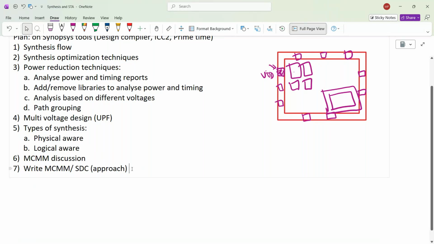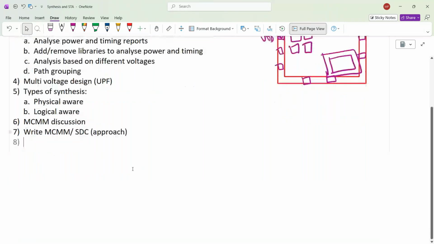After that, there are again very important and a little bit tricky concepts, like multi-cycle path.